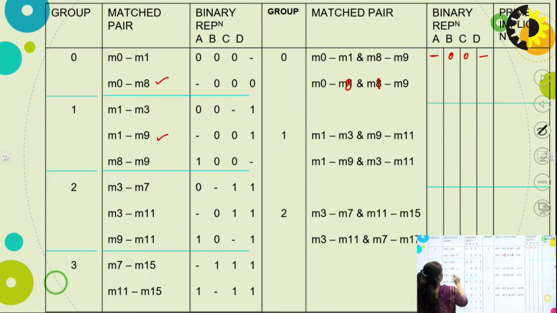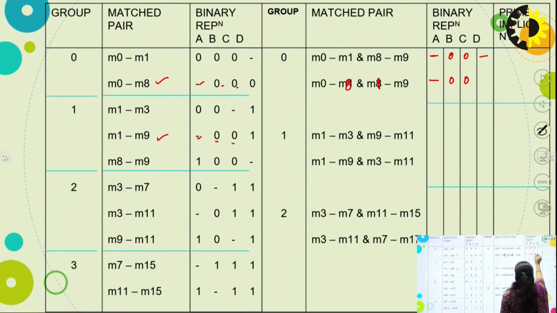These two are already removed, right? These two values are same, so this is already removed. These two values are already same, and these two are different, so it will be removed. Fine. So next, we cannot compare this M0, M8 with M8 and M9.